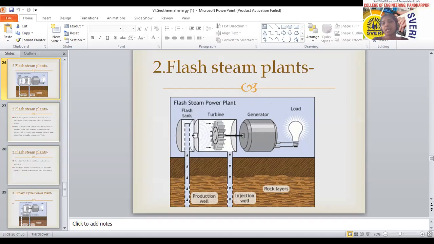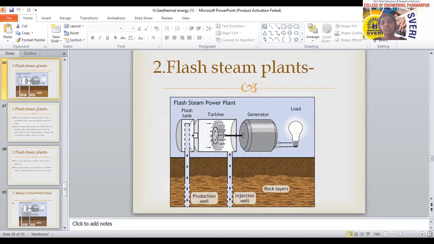Flash steam plants are the most common type of geothermal power generation plants nowadays. The fluid, which is mostly water, is available underground at a temperature above 150 degrees Celsius, or at least above 100 degrees Celsius.